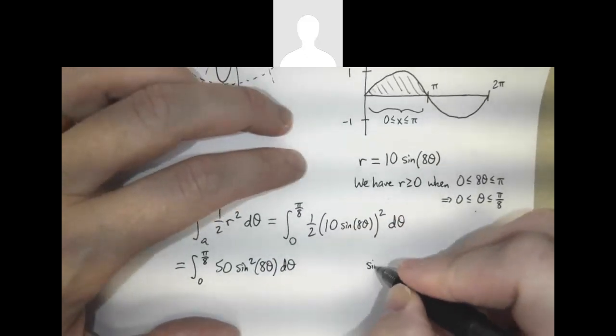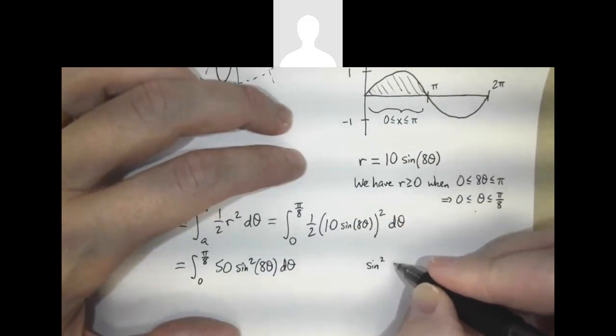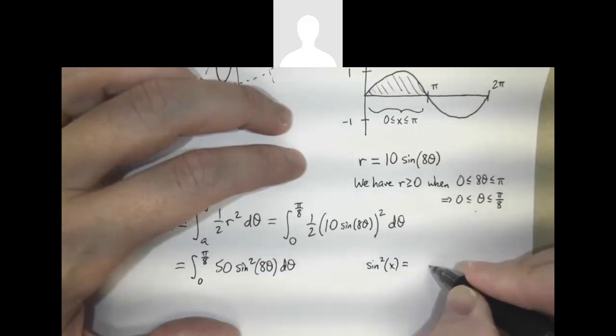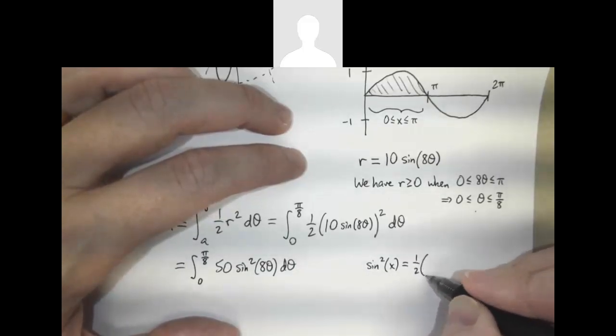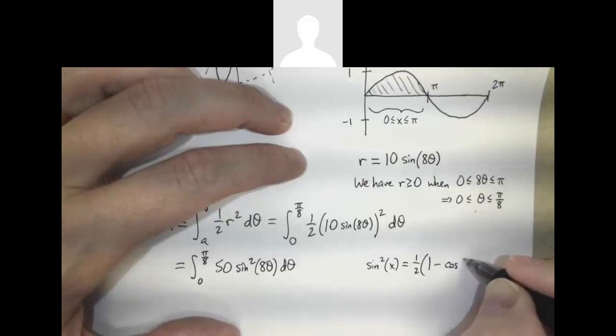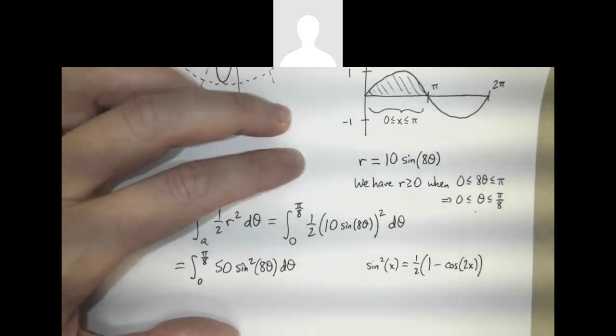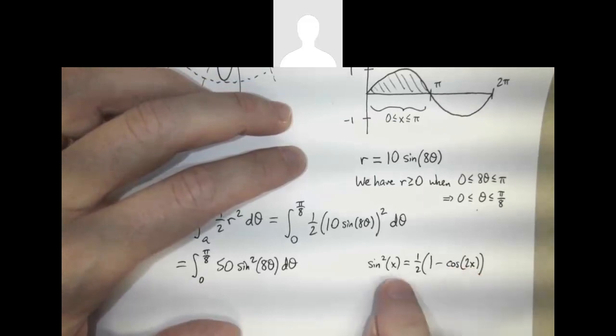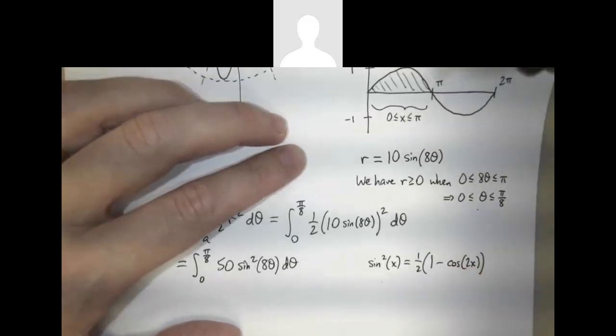And then we make use of this identity. Sine squared of x is 1/2 times 1 minus cosine of twice the angle. That's the double angle formula for cosine, rewritten in terms of sine squared.